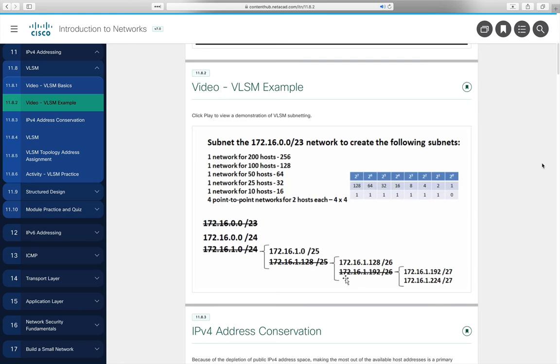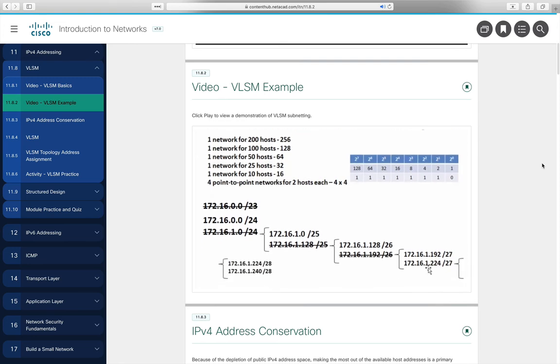So now I'm no longer using the 192 subnet /26, I'm using it as a 192/27 subnet and a 224/27 subnet. From here, I still need a subnet for 10 hosts. I can take the second of these two subnets for 32 hosts and subdivide them to two 16-host subnets.